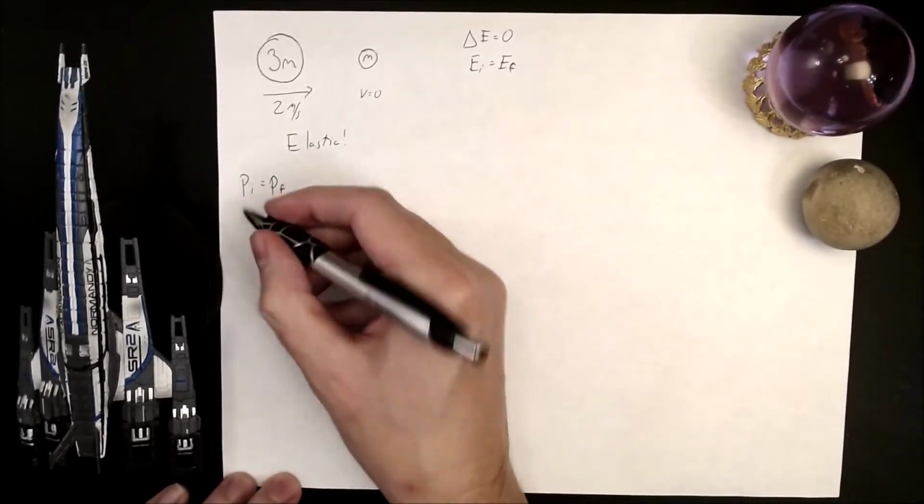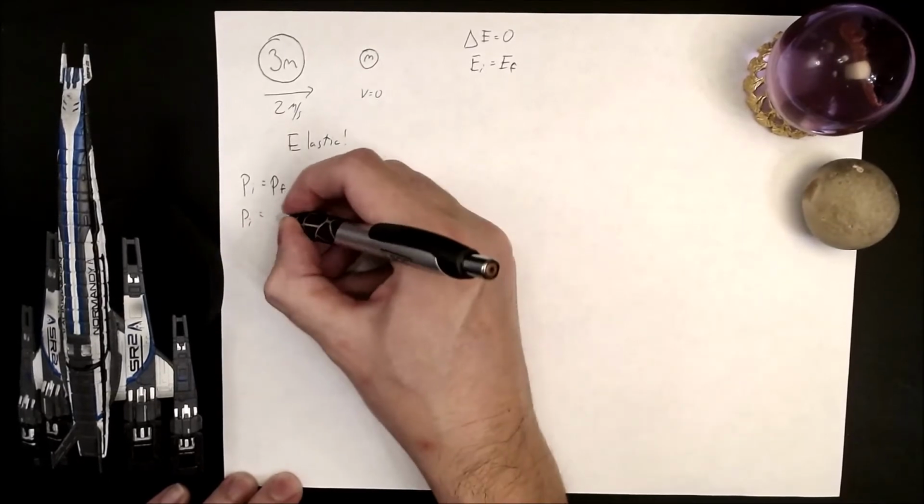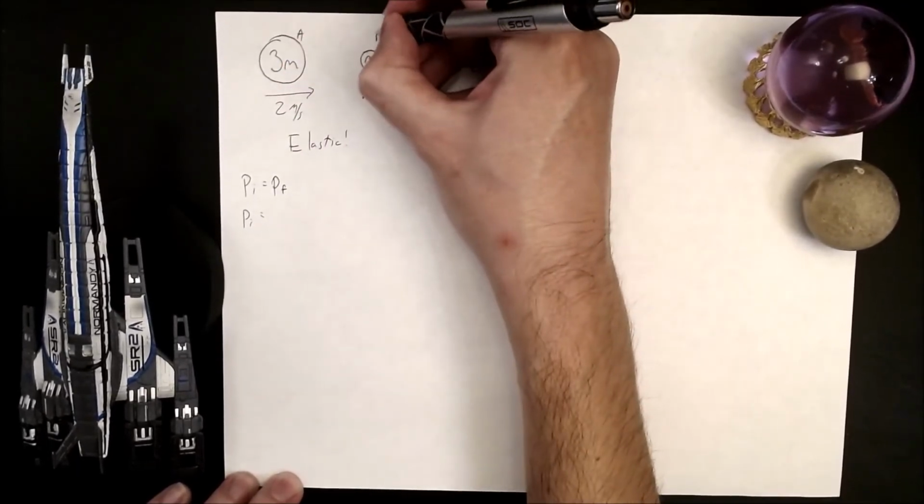Okay, let's look at this. Momentum initial is equal to momentum final. Well, we'll call this A and B again.